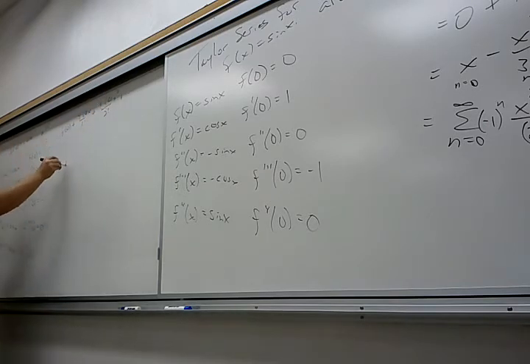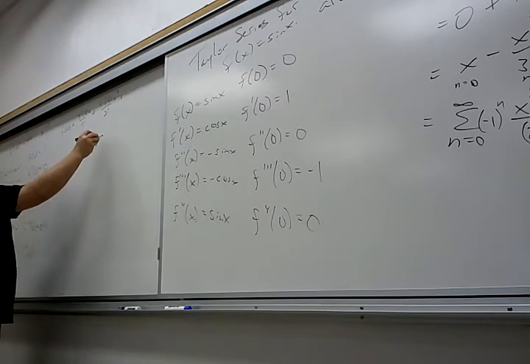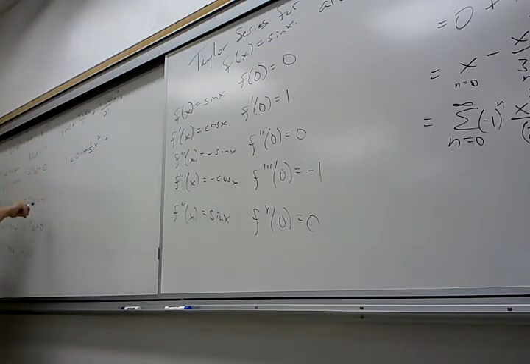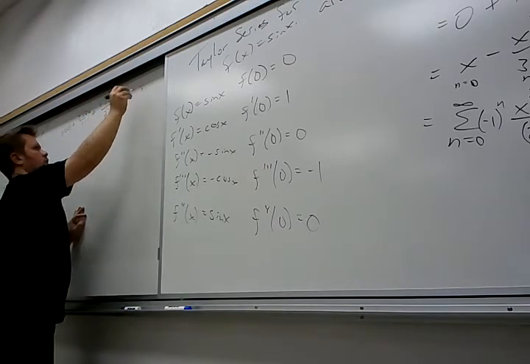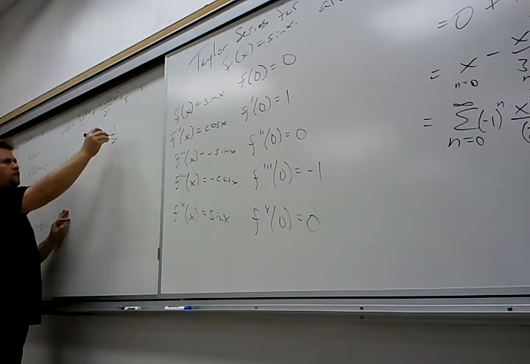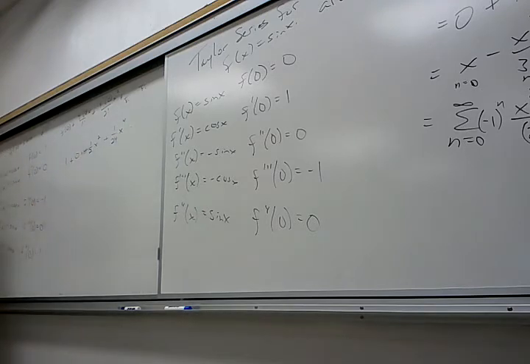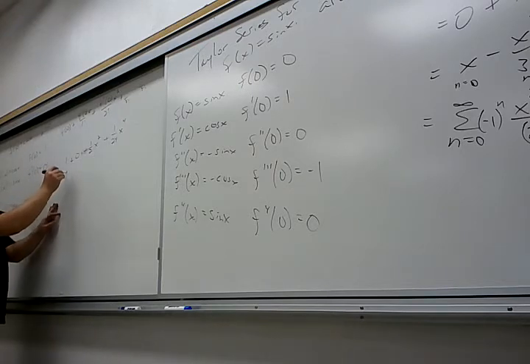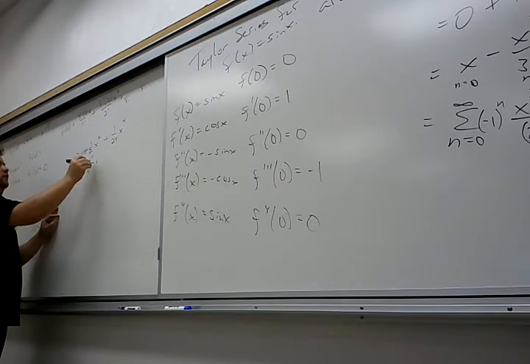So we'll get f of 0 is 1, f prime of 0 is 0, f double prime is negative 1, so negative 1/2 x squared, plus 0 plus 1 over 4 factorial, so this will be 1 over 24 x to the 4th. How we doing? Okay, cool. And again, this is 1 minus x squared over 2 factorial plus x to the 4th over 4 factorial.